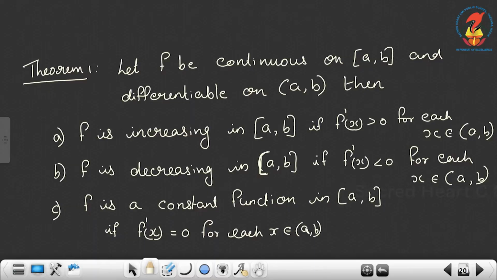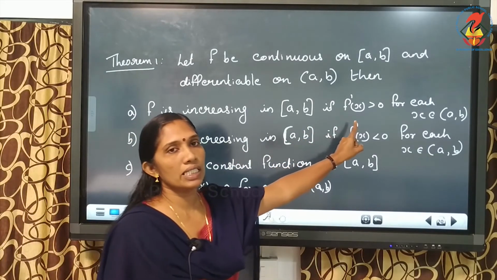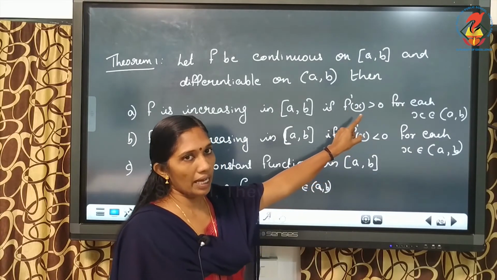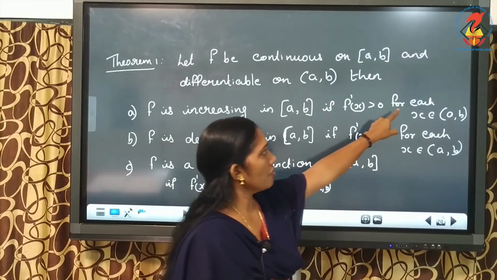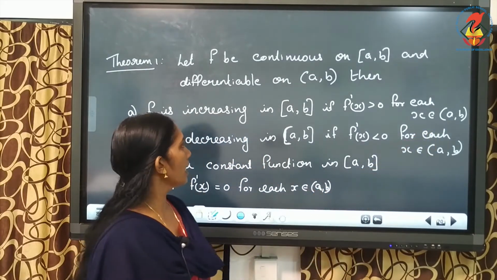Then f is increasing in closed interval ab means f dash x is greater than 0 for each x belonging to open interval ab. So increasing means the derivative should be greater than 0 for each x belonging to the open interval. When we do problems, it will be more clear.